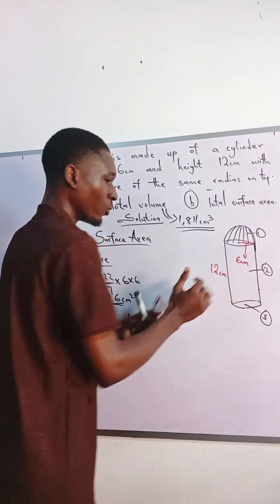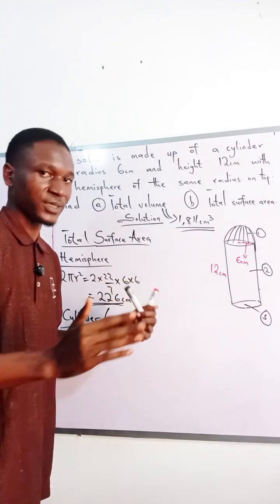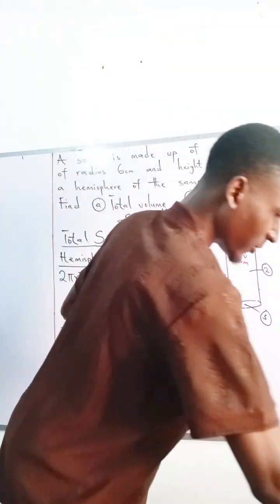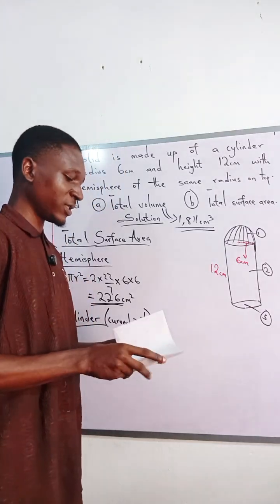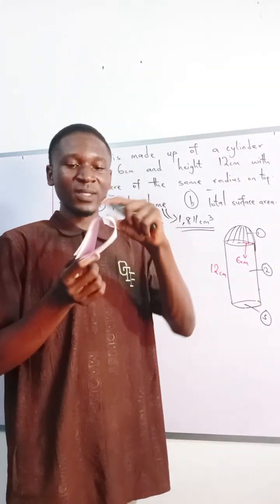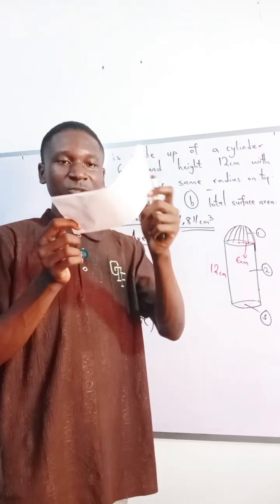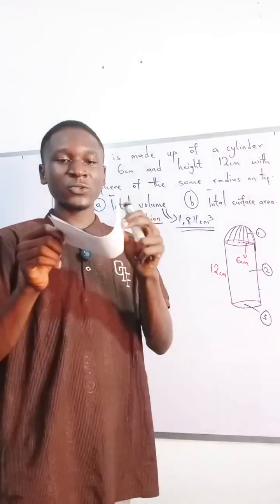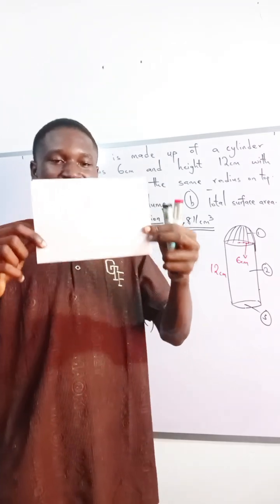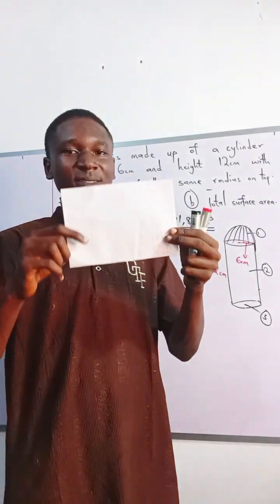Remember, if you are able to unwrap this cylinder, it's going to form a rectangle. For example, you can see this book. I can form it to get a cylinder, and when I unfold it, it's going to form a rectangle. So we are looking for the area of this rectangle. Area of a rectangle is length times height.